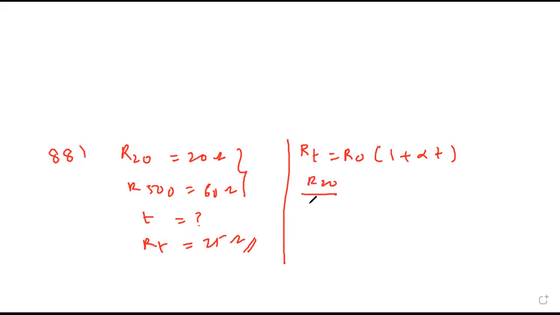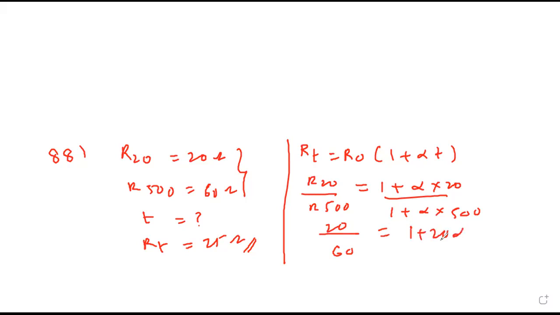R20 upon R500, R0 will get cancelled: (1 plus alpha into 20) upon (1 plus alpha into 500). This is 20 ohm and this is 60 ohm.